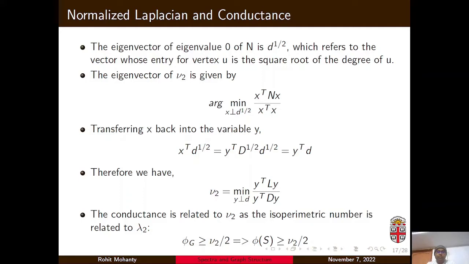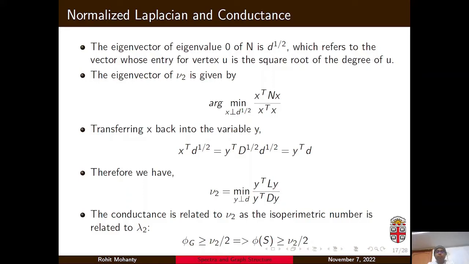Now this makes sense because nu2 is essentially the second smallest eigenvalue of N. Since nu2 is the second smallest eigenvalue, we try to find the smallest eigenvalue which is perpendicular to the first eigenvector. So the first eigenvector is D to the power 1 by 2, and out of all vectors which are perpendicular to that eigenvector, we try to find the smallest one.